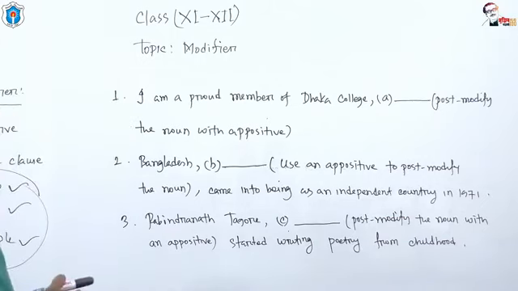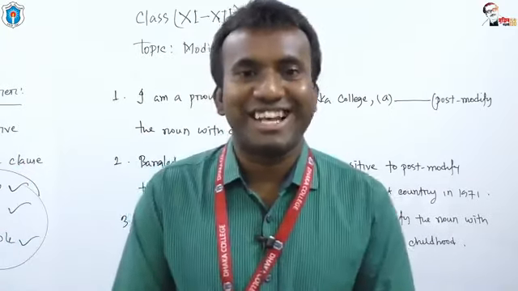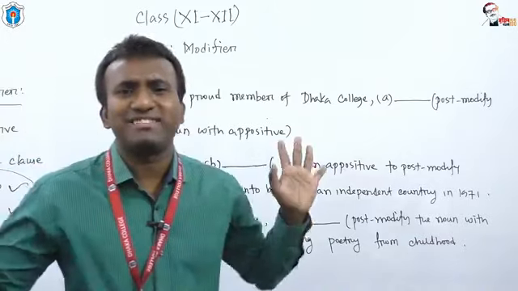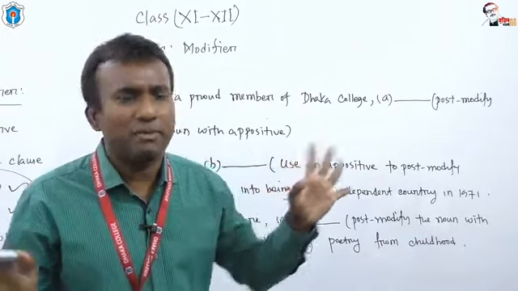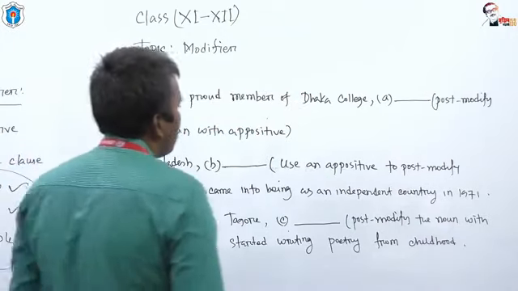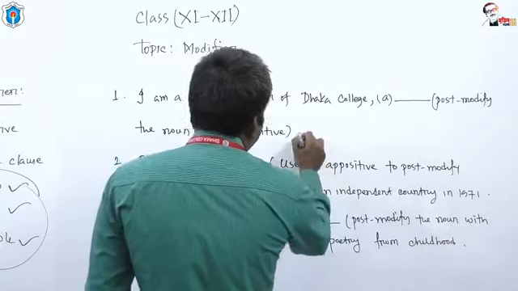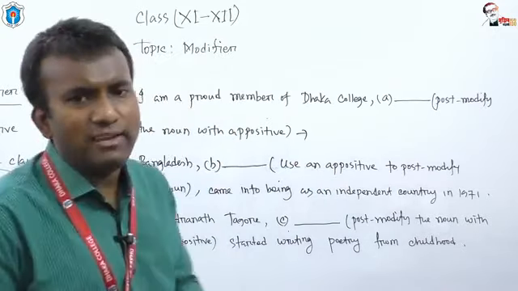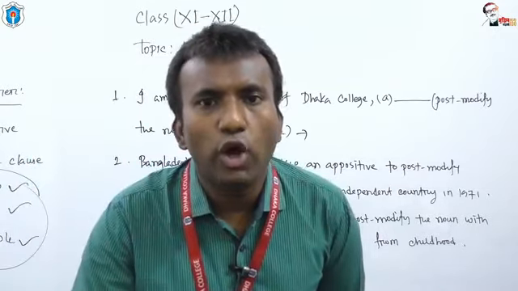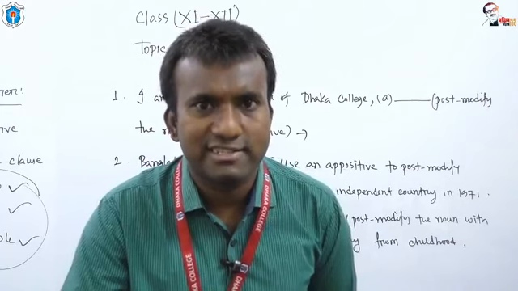Okay, I'm going to start with the first example. I am a proud member of Dhaka College. A lot of answers can be taken. First answer, you can say the oldest college in Bangladesh. You can say a famous institution. You can say an ideal college.